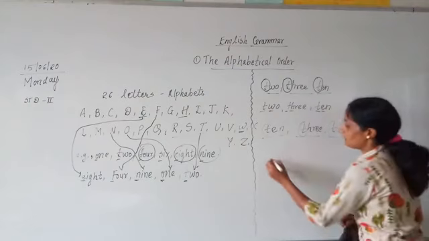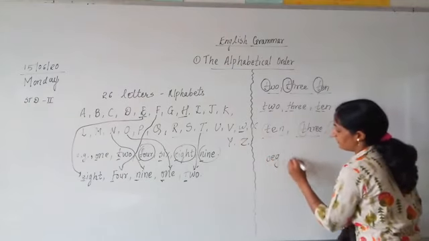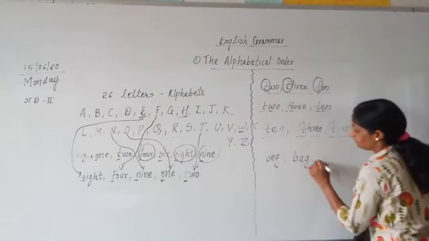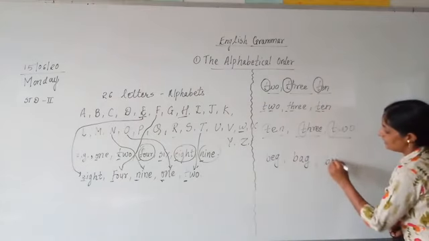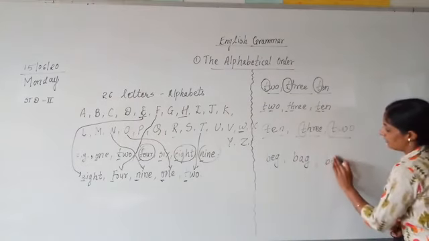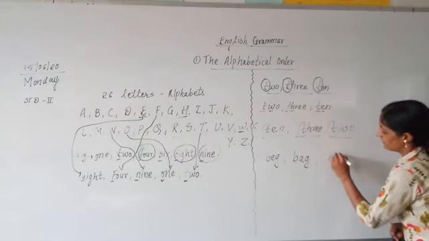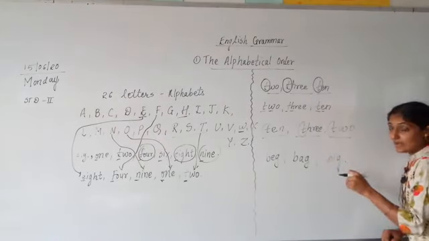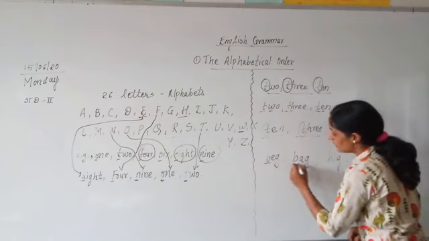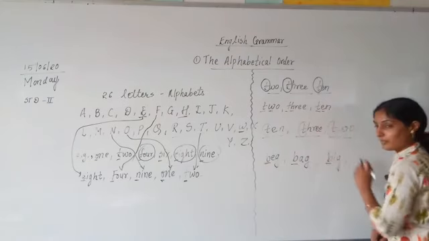I'll give you another example. For example, BEG, BAG, and BIG. Now in this example also, everywhere the first letter is B, B, B, right?